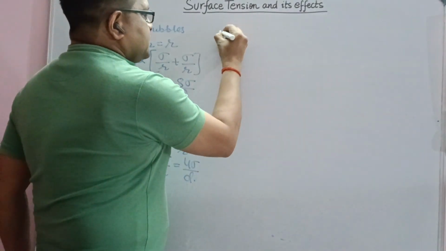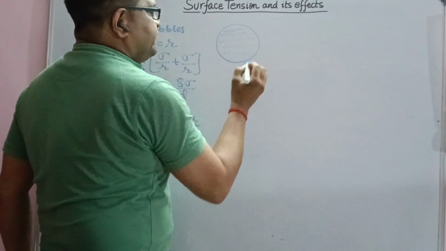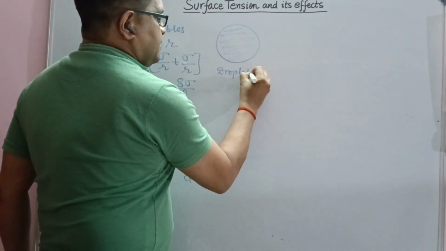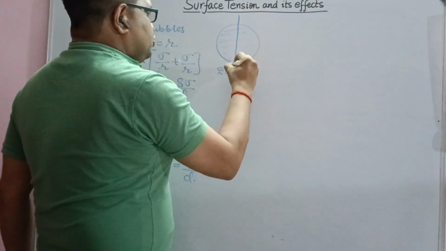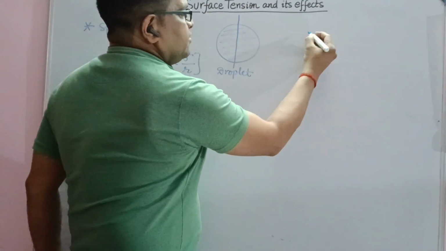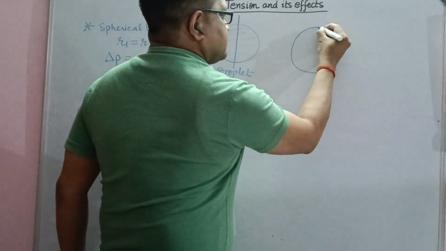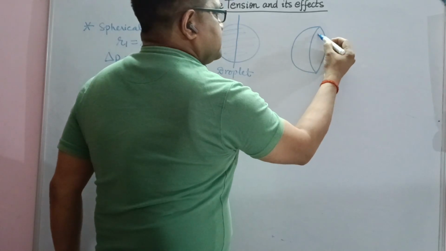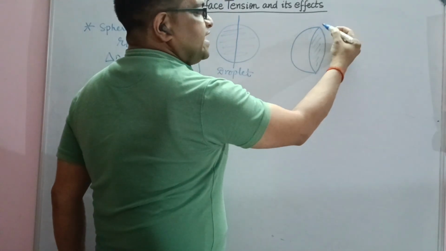Suppose, let us say that this is a liquid droplet which is filled with the liquid. Now, if we divide it into two parts, we will get a figure like this. This is filled with liquid, so we have one interface that is formed here.